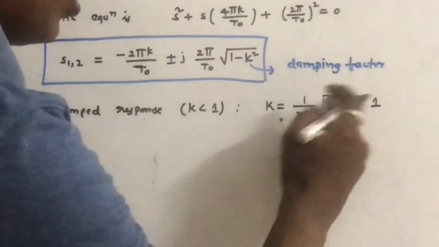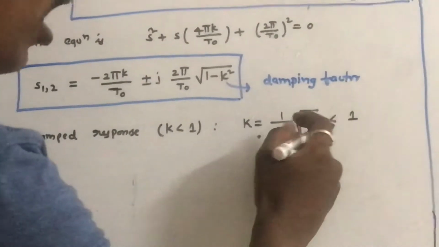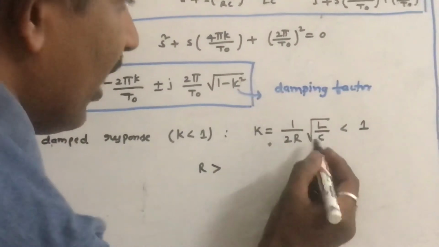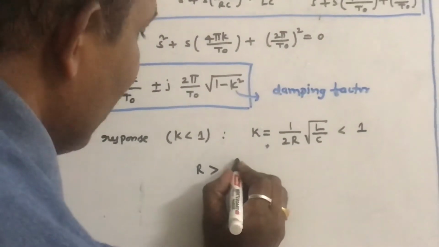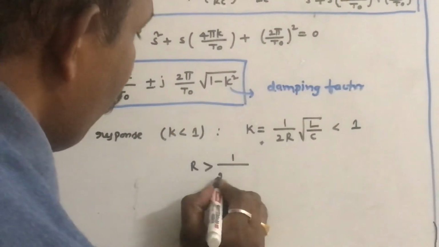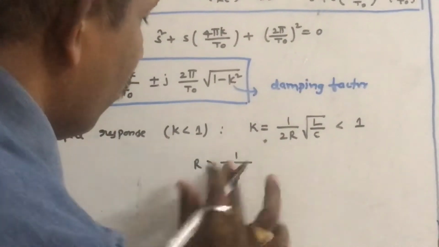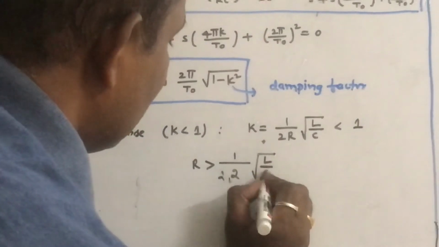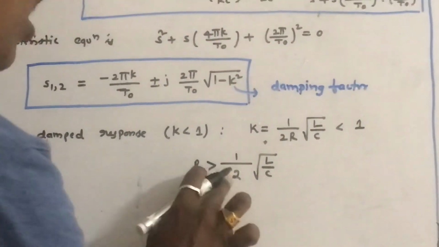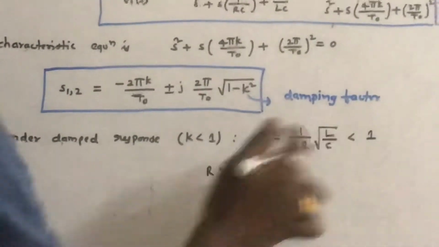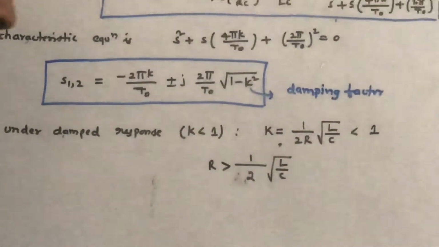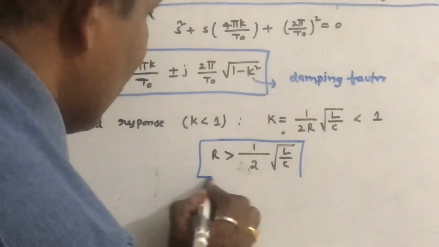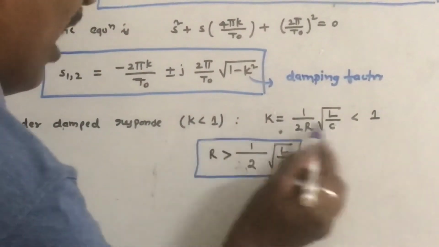If you take R to this side, R is greater than 1 by 2 into root L by C. So this is what you can write, R is greater than 1 by 2 into root L by C. Another condition for underdamped.